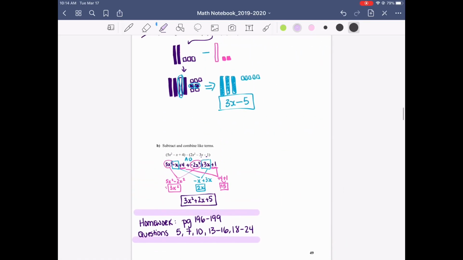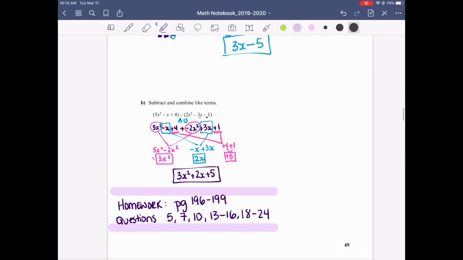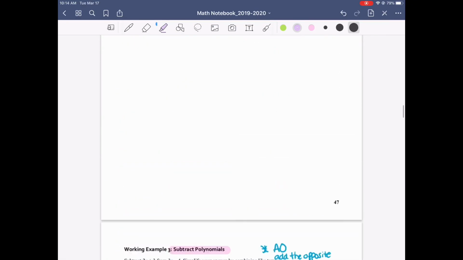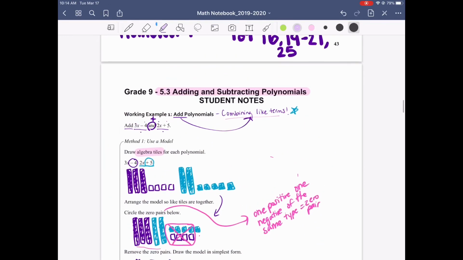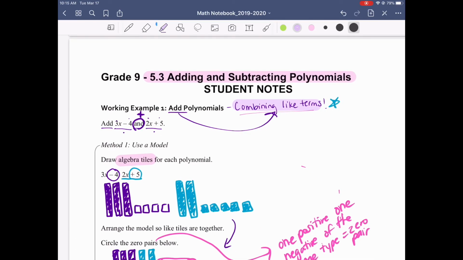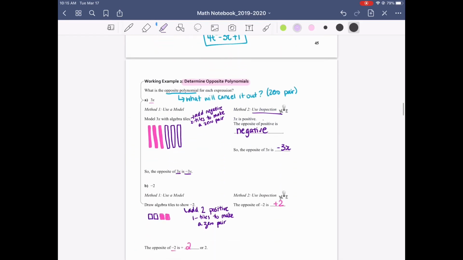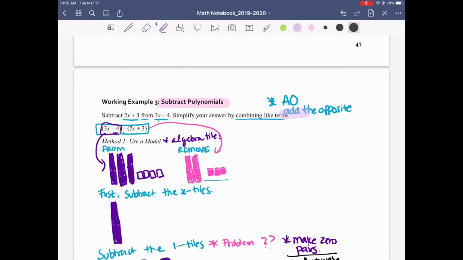Like I said, I think the only hard part about this is the subtraction, but if you know that adding polynomials is the same as combining like terms, which we talked about right here. Adding polynomials is the same as combining like terms, and then for subtracting polynomials, all you have to do is add the opposite.